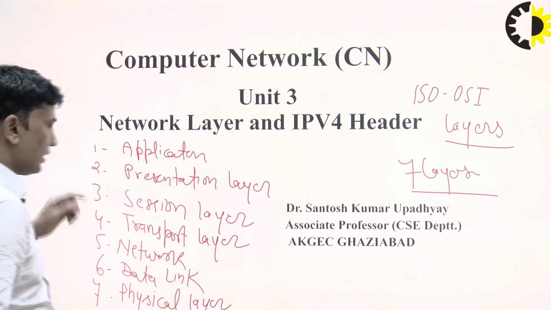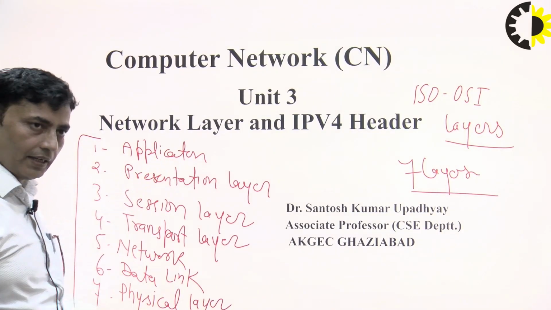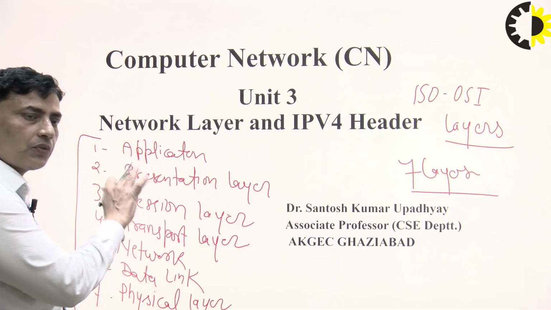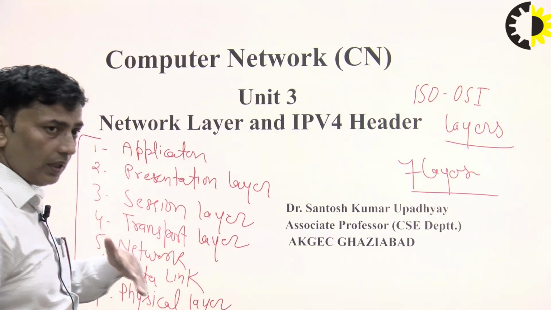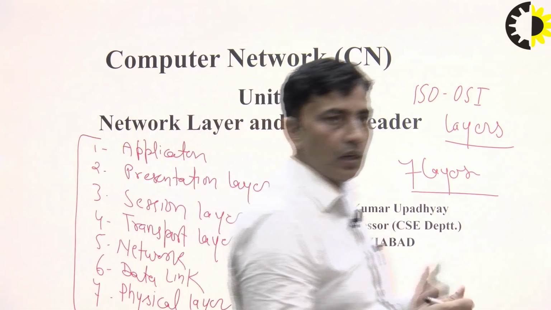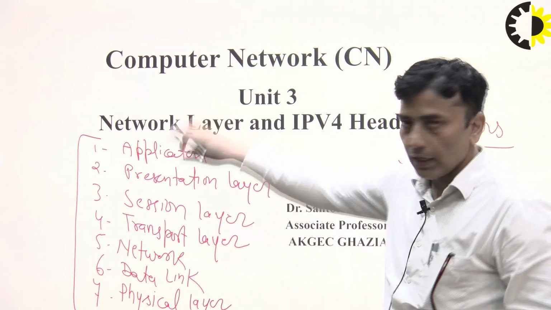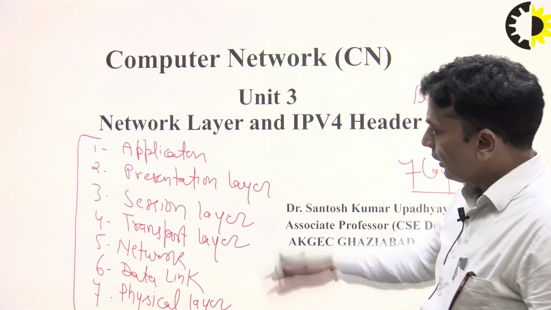So, these are the 7 layers given in the OSI model, and this is the base for any computer network. That means all the computer network responsibilities and functionalities can be divided into these 7 parts. This is the layered approach.